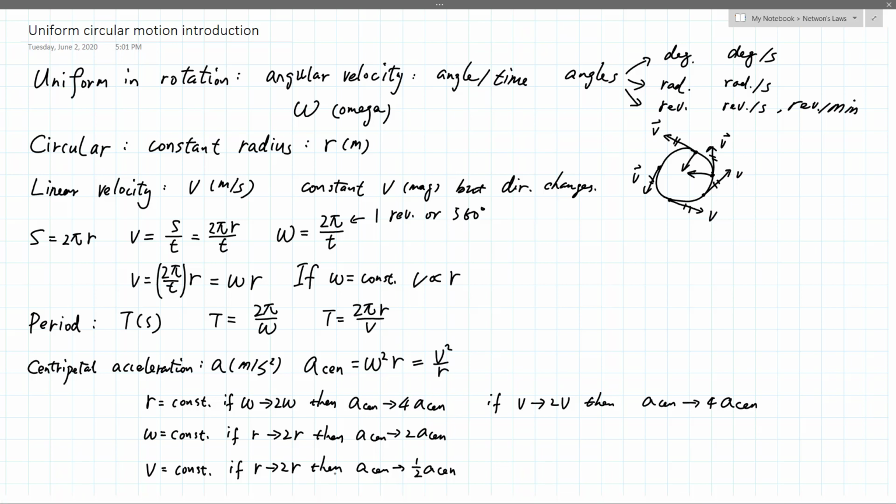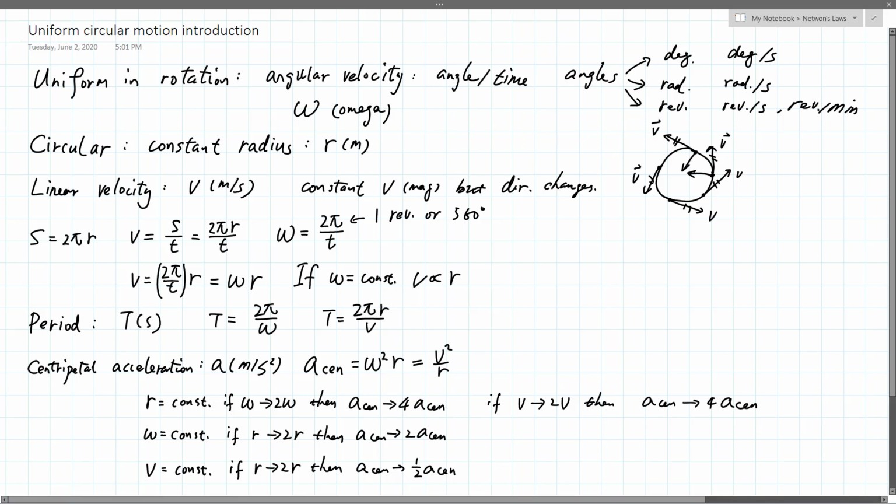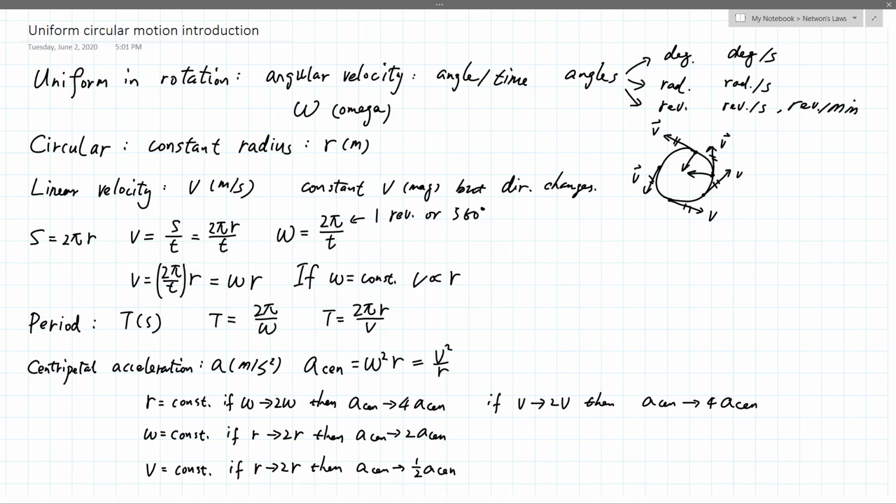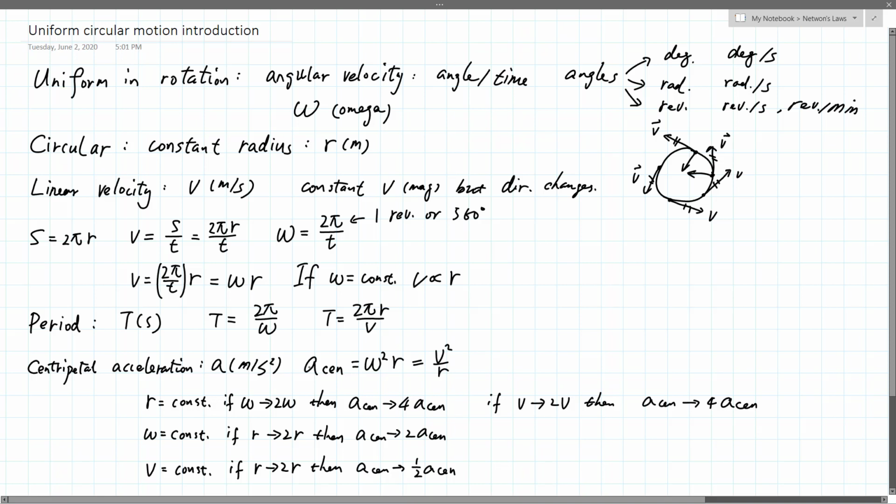So conceptually, this can tell you what happens if you have one of those things as constant, and then you play out some scenarios. Now you realize there are actually 3 things involved: acceleration, velocity, radius, or acceleration, angular velocity, radius. So this equation here will be what we're using to find acceleration if the other 2 things were given, or find velocity if the other 2 were given, or maybe find radius.